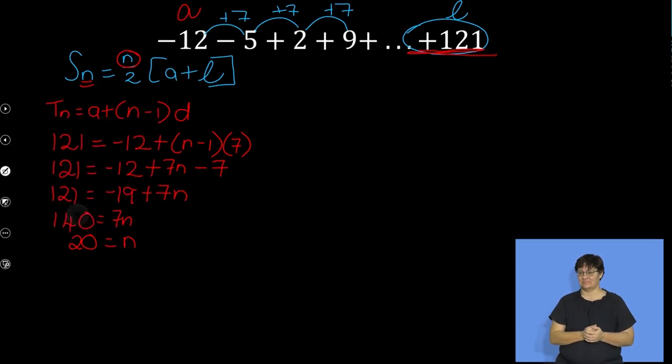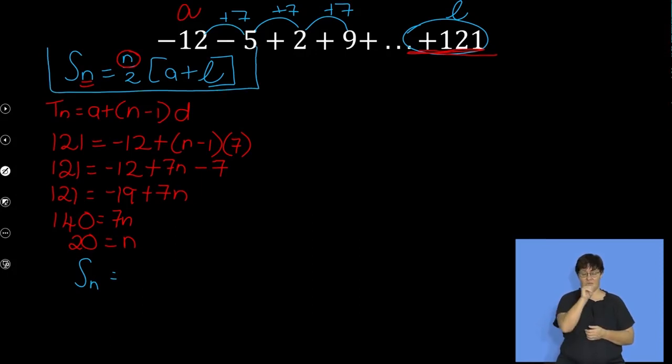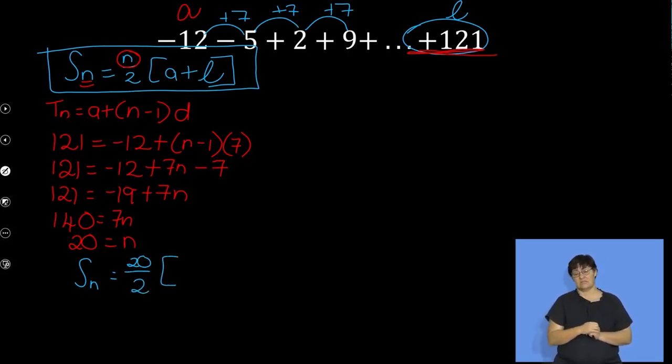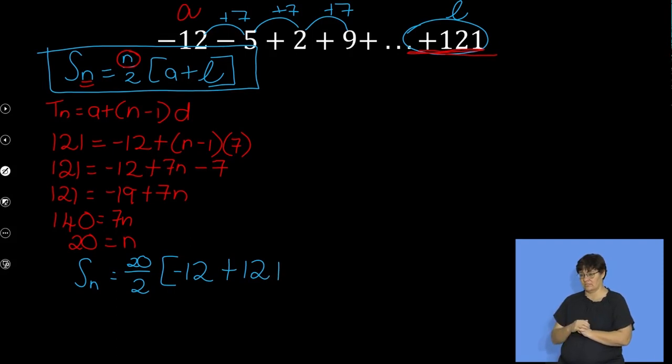So now I'm substituting into Sn is equal to n over 2 times a plus L. My n is 20. I'm going to have a, which is negative 12. Then I'm going to add the value of the last term, which is 121.